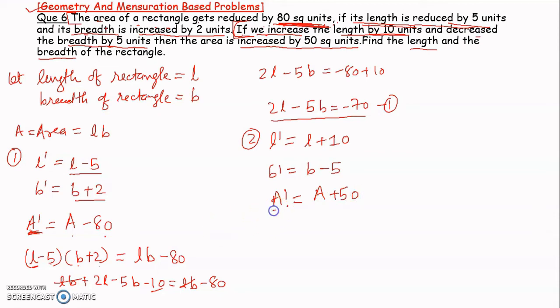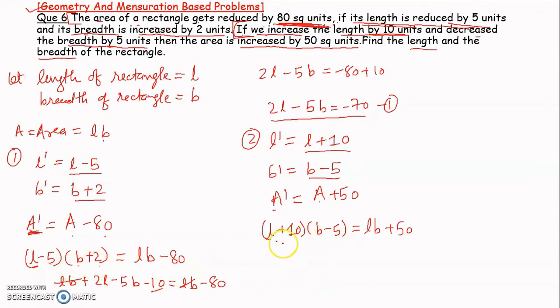So here in place of A dash we will put L plus 10 multiplied with B minus 5, length multiplied with width. Here in place of A we will put LB plus 50.